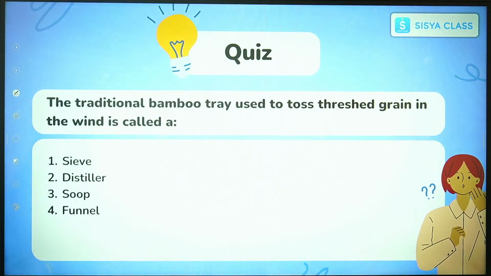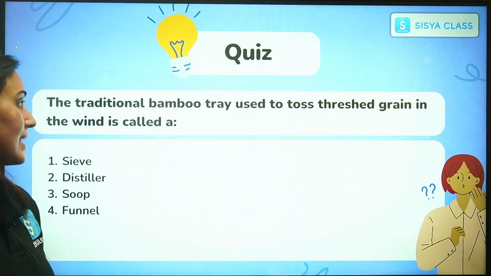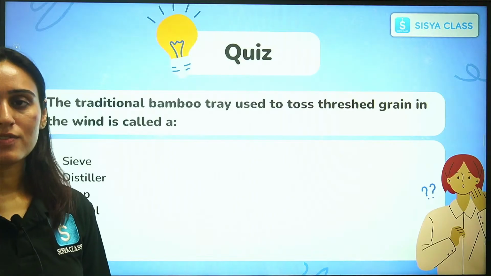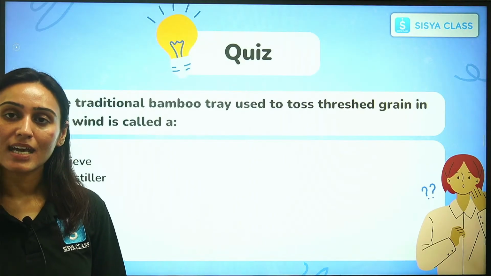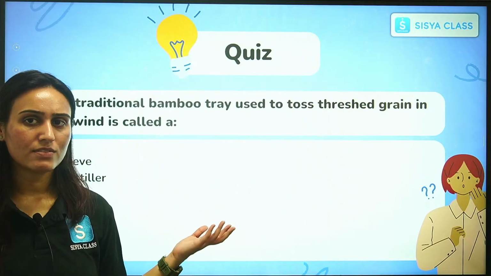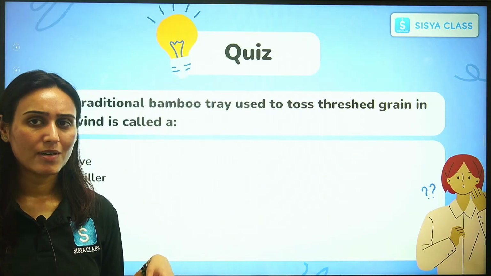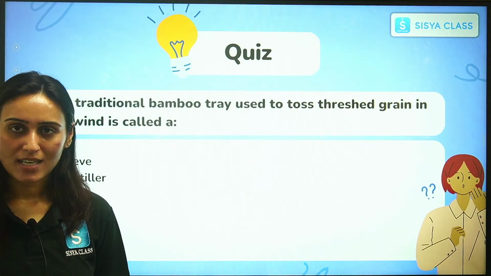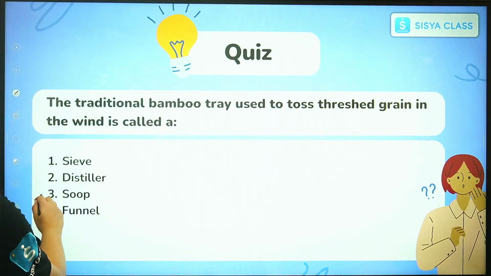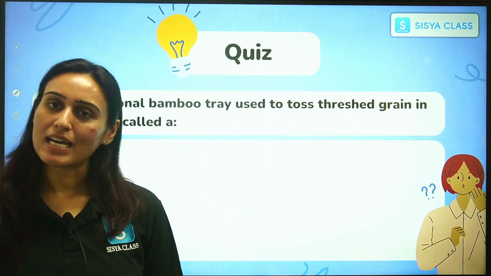Is it sieve, a distiller, a soup, or a funnel? What is the name of the bamboo tray that you have employed in this method, everyone? We have taken help of soup, right? You have just now learnt about it. You have seen it as well, right? When we were blowing wind into it, correct? So, our correct answer is option number 3, that is soup.